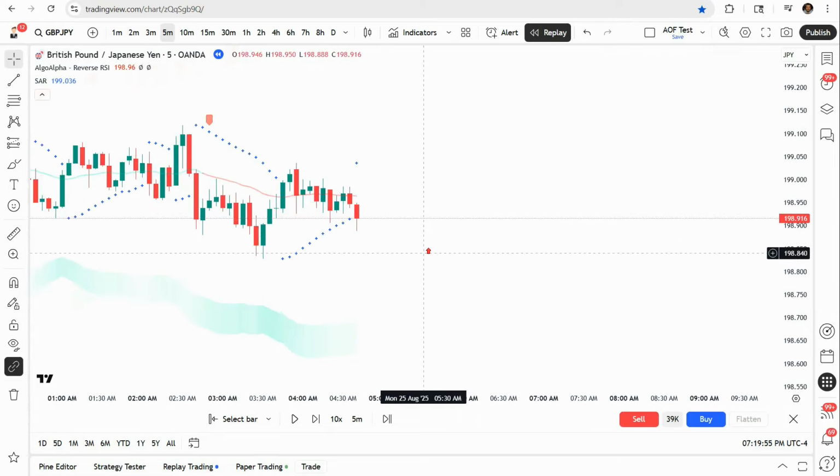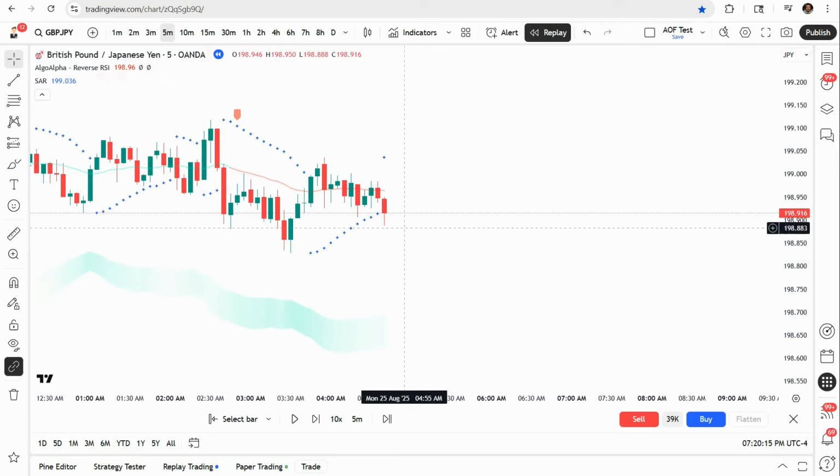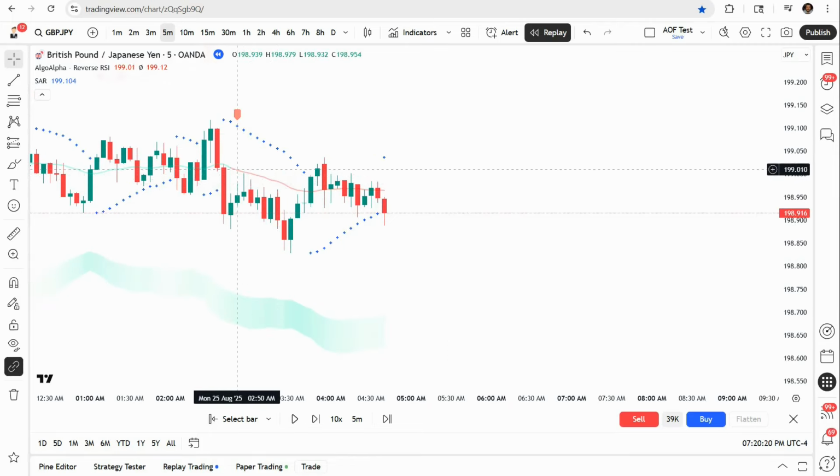Then what we're looking for is for it to reverse back to the downside. So that's when the parabolic SAR jumps above the price like this here, now indicating that we are starting to get momentum to the downside, or the trend is starting to shift back down, aligning us with the color of the overall trend from the midline.